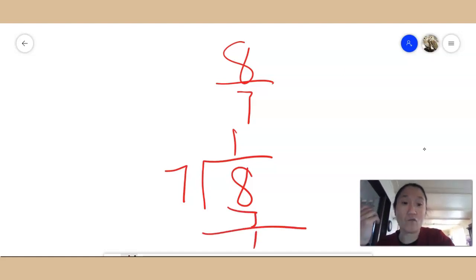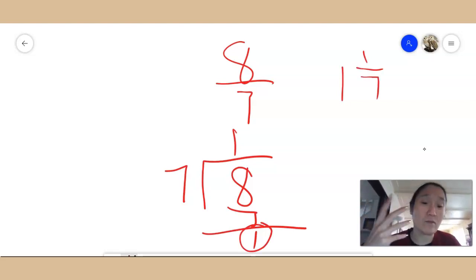So then I would have one whole and put the 1 over the 7, that's my remainder over 7, and that's my fractional piece. Okay? So that's how, most commonly, you'll work with denominators and numerators and create mixed fractions. You could do it either way.